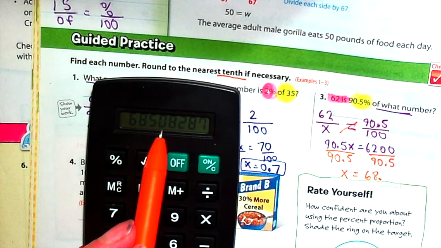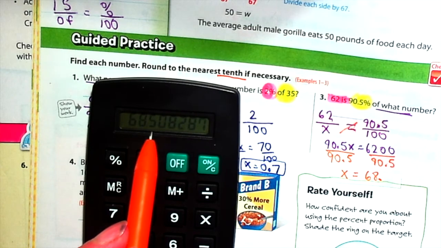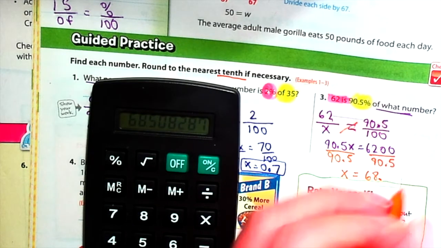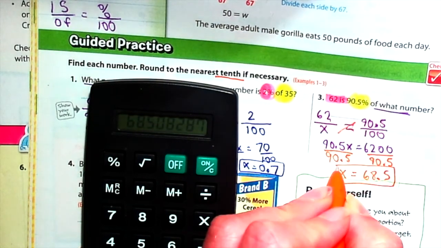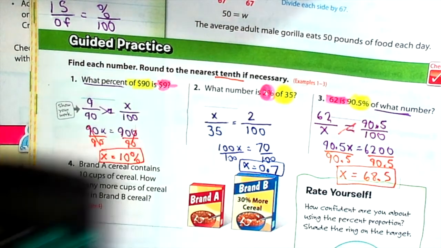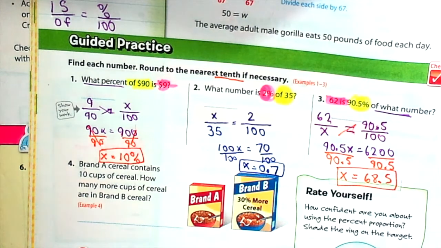And then I look behind that 5 is the 0. Since this is 5 or less, I'm going to leave that number behind the decimal as a 5. So it becomes 68.5. So that covers using the percent proportion.